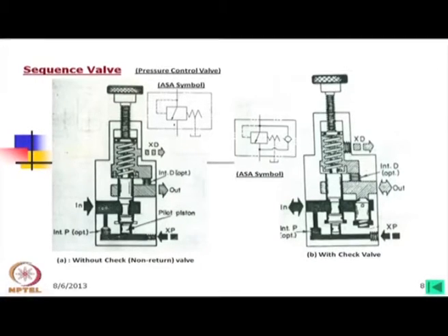Now, what happens? Depending on the set pressure, this will have a limited amount of flow, but if the flow wants to come from this side, it will always remain closed. So, you can say that this valve, after controlling the pressure, is allowing some flow.